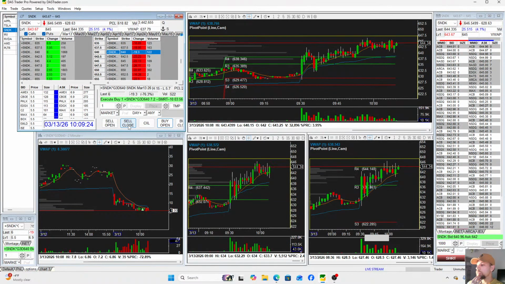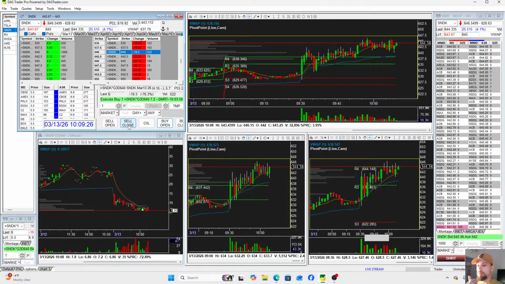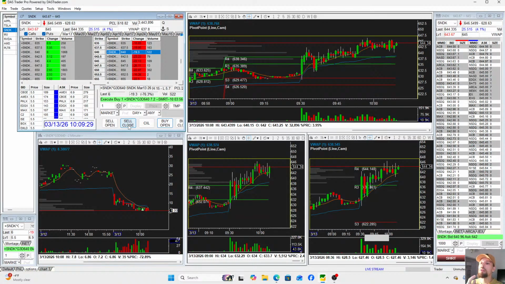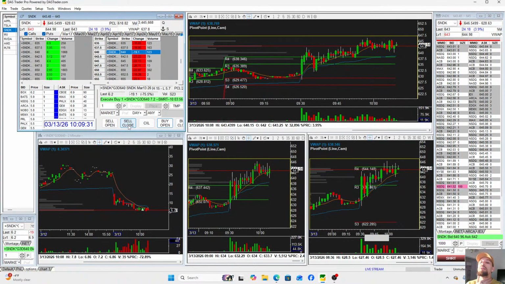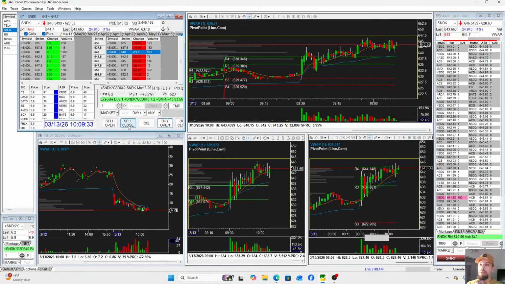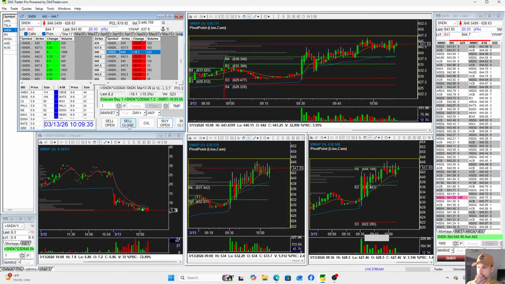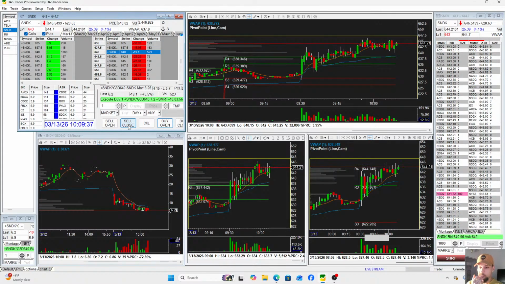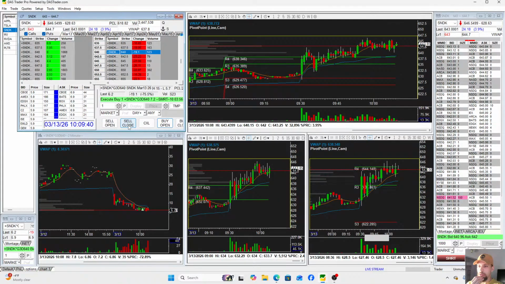Looks like it's going to try to squeeze up here. Doesn't want to go down. Happy I didn't add to my position.